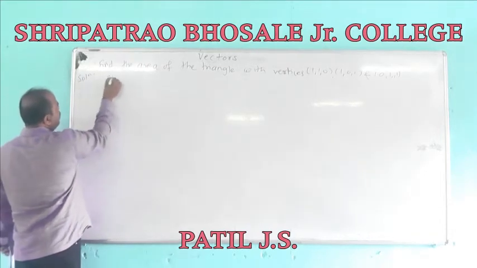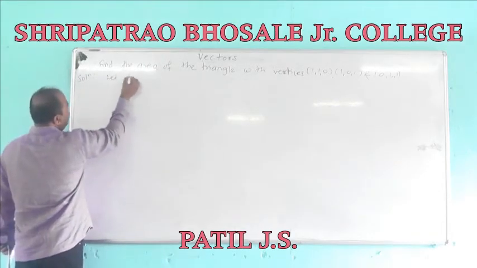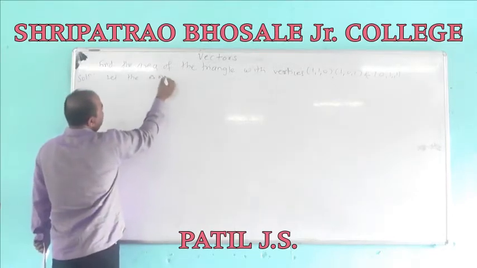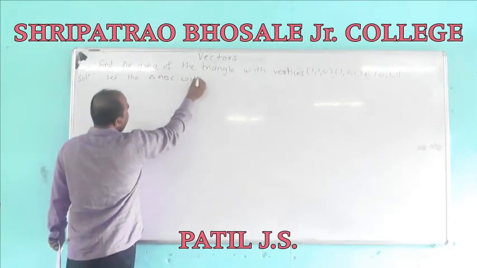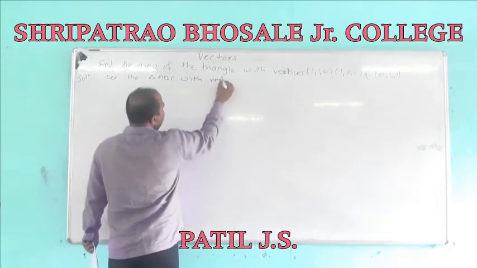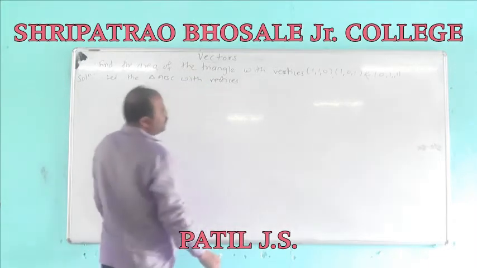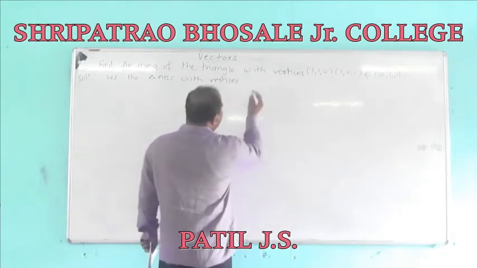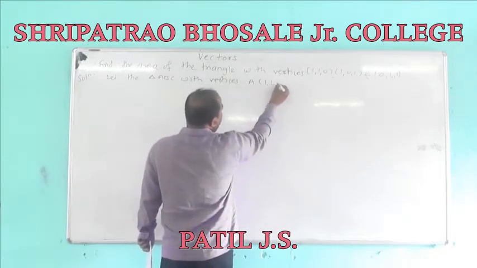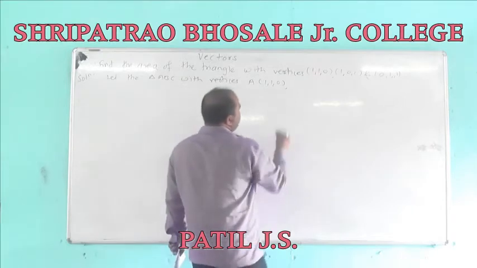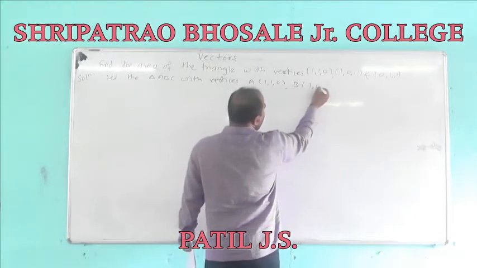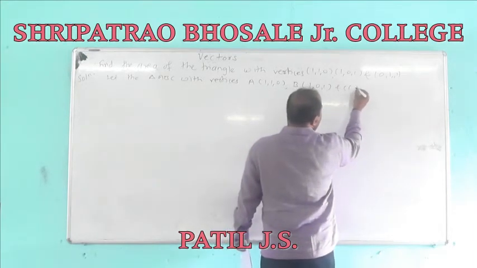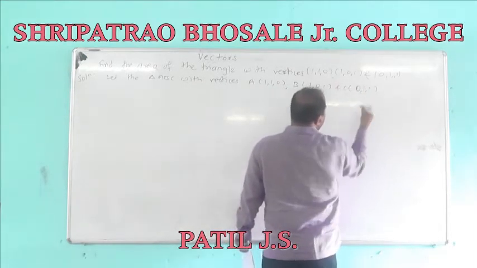Solution. First, get the triangle ABC with vertices A(1, 1, 0), B(1, 0, 1) and C(0, 1, 1).